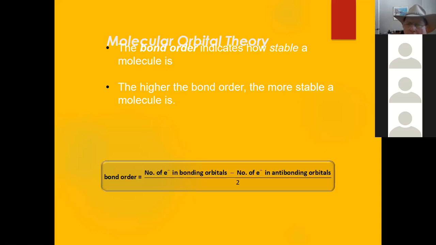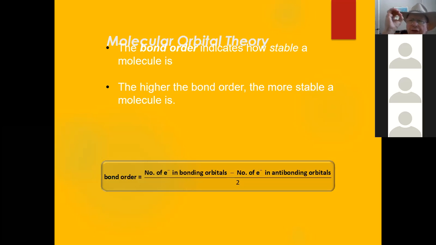An energy advantage is when the electrons in the bonding orbitals are greater than the electrons in the antibonding orbitals. We can determine that through a formula called bond order, which is the electrons in the bonding orbitals minus the electrons in the antibonding orbitals, divided by 2.